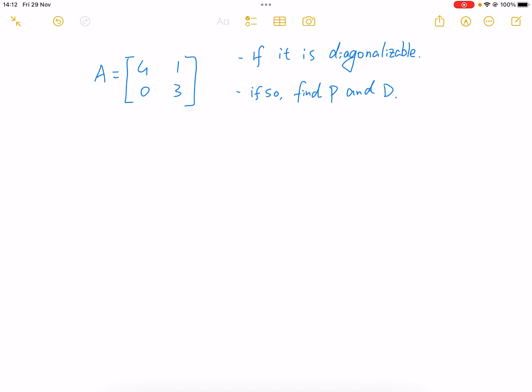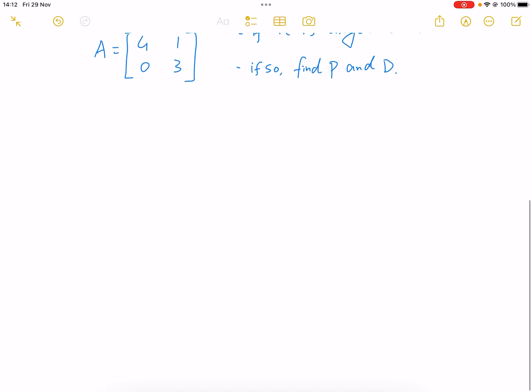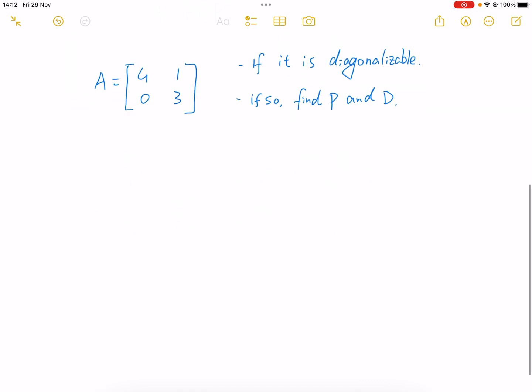The eigenvalues of A come from solving the characteristic equation. So we need to find the characteristic equation to find the eigenvalues.